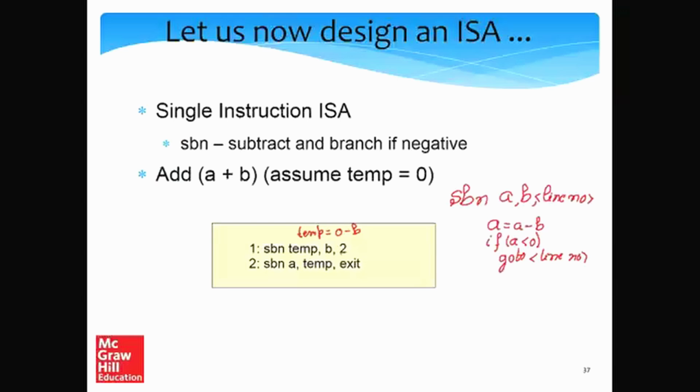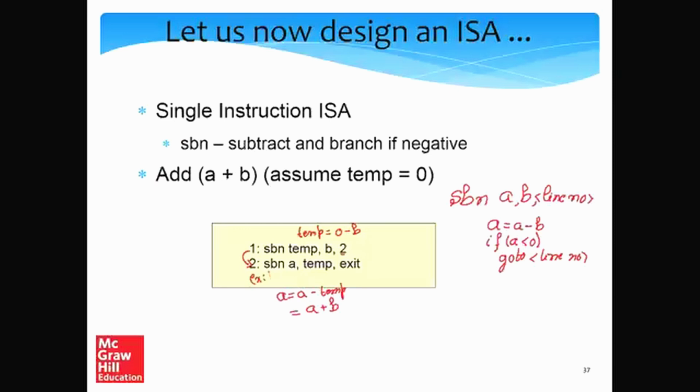Irrespective of the outcome, from instruction 1 we come to instruction 2, and here again we compute a is equal to a minus temp, which is pretty much equal to a plus b. So in this case we are adding a plus b with the SBN instruction, and we can assume that the next instruction is exit.